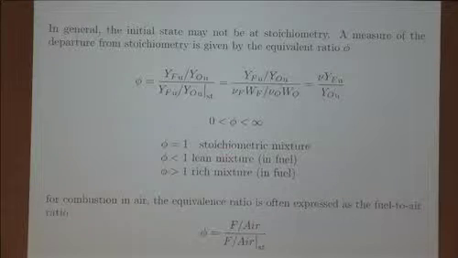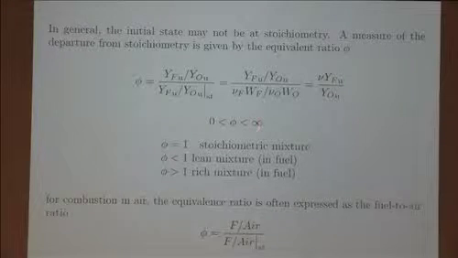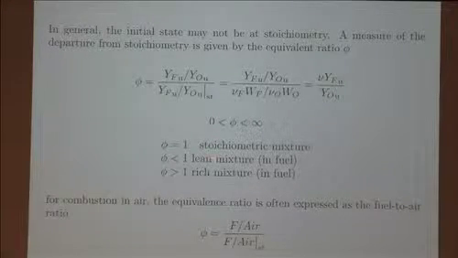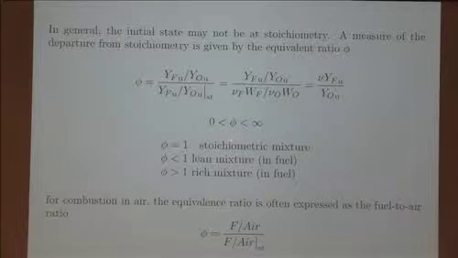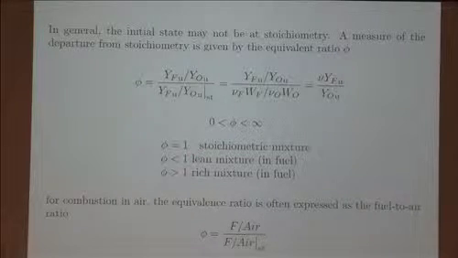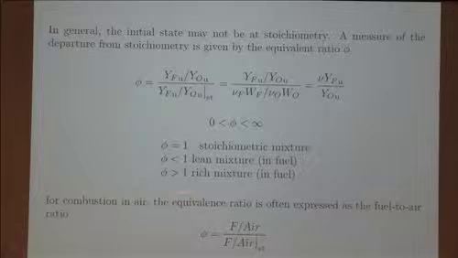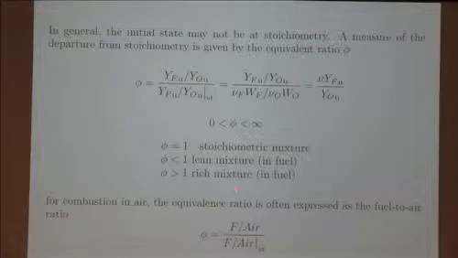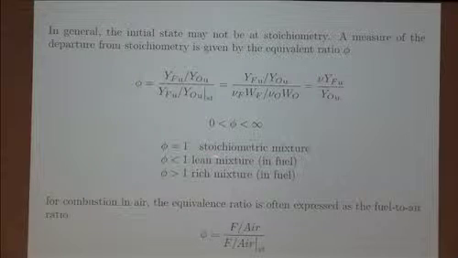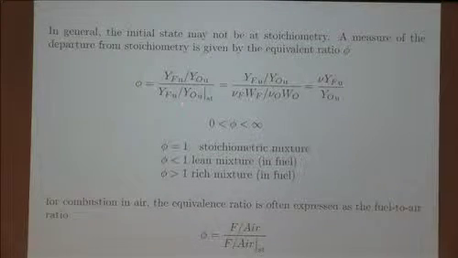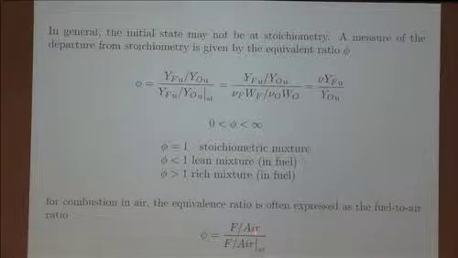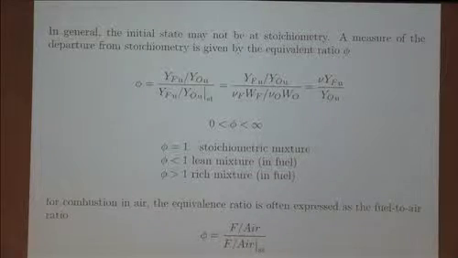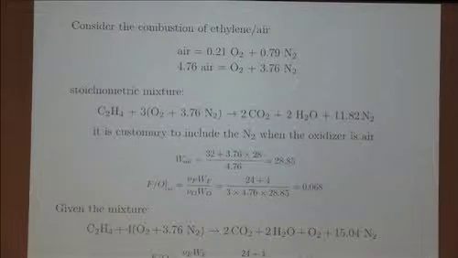So the stoichiometric condition corresponds to phi equal to 1, and as you know, lean is for phi less than 1, and phi bigger than 1 corresponds to a rich mixture. And in practice, when combustion is in air, people sometimes define this instead of the ratio of fuel to oxidizer as fuel to air, but it's equivalently the same thing, just a slightly different number.